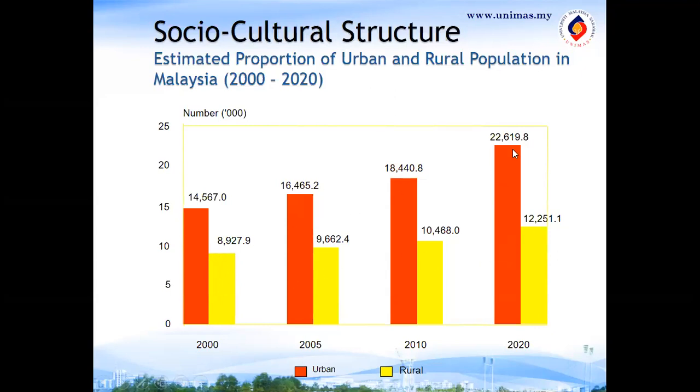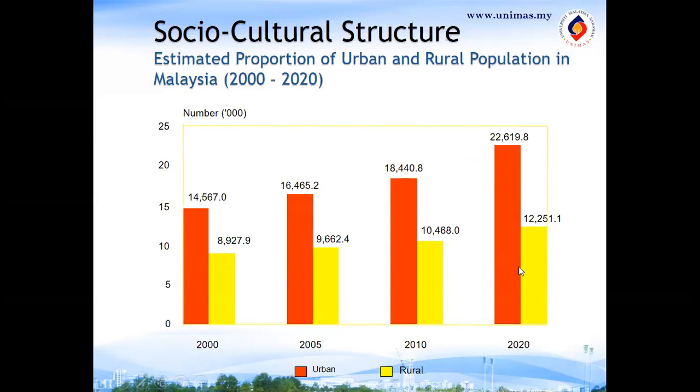Okay, tapi sekarang ini the numbers have increased, of course. We have now in 2020 about 22.6 million people living in the urban areas, and about 12.2 million are living in the rural areas.